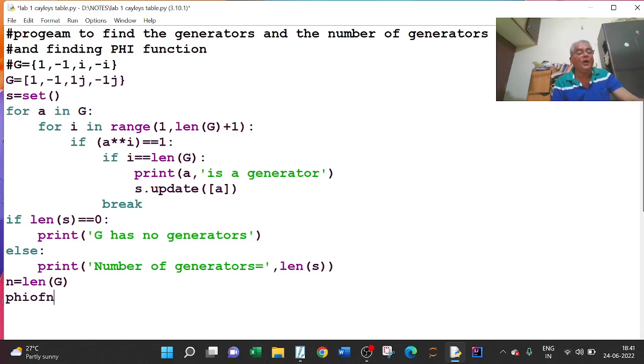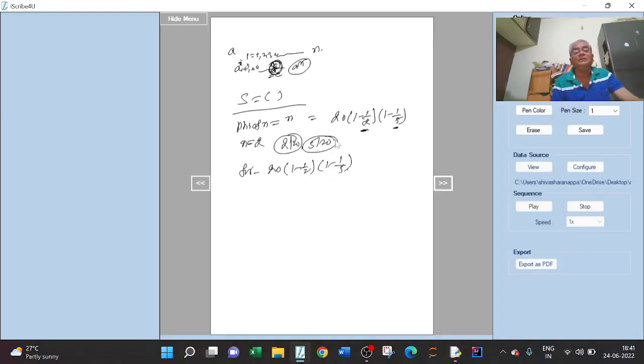This is equal to n initially. First I will take pi of n equal to 20, and then 20 into 1 minus 1 by 2, and then 20 into 1 minus 1 by 2 into 1 minus 1 by 5.